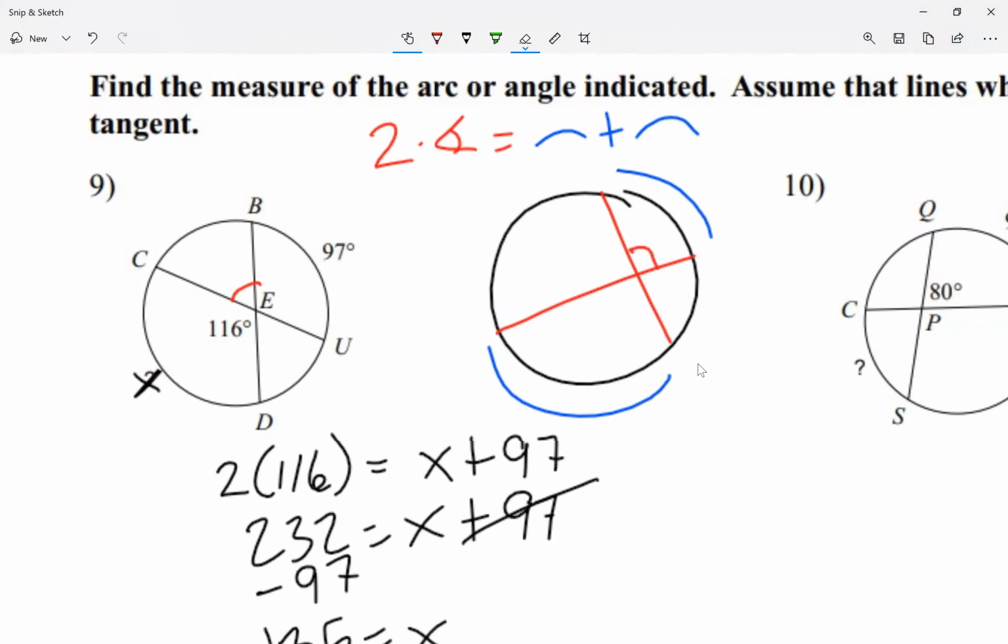One thing I want you guys to remember, the vertical angle theorem: when there's an X formed, opposite angles are equal, but adjacent angles add up to 180. So I could just come and say that this red angle here is 64. The reason why is because those two angles in the center have to add up to 180. So remember that. You guys are going to use that in your homework.